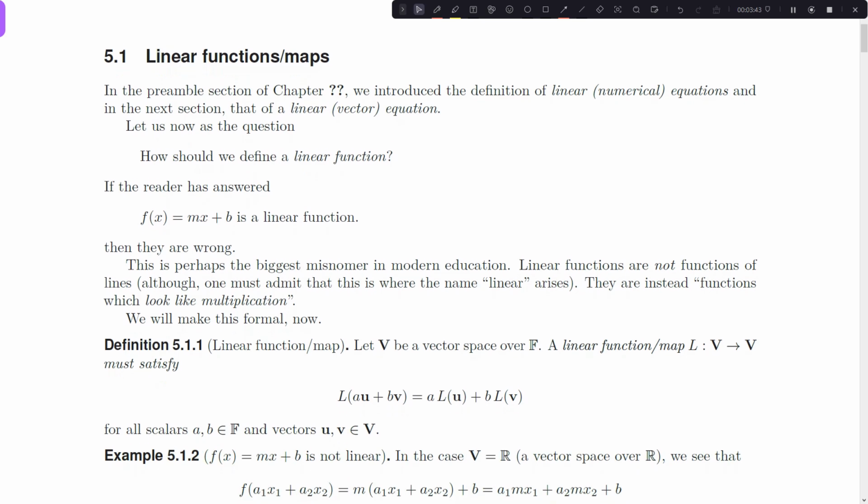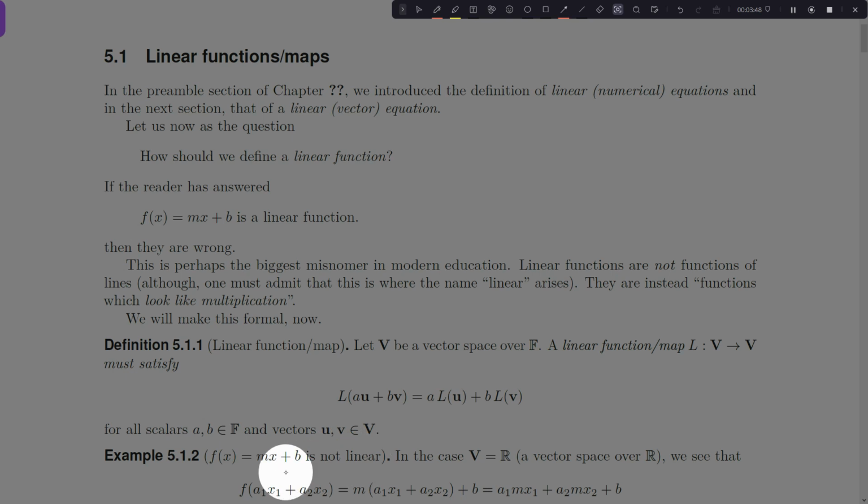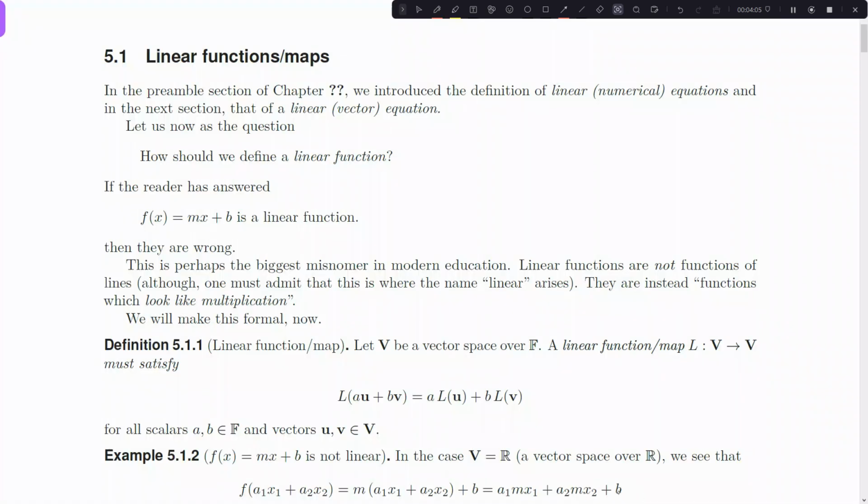So let's see why f of x equals mx plus b is not linear. Well, let's just compute f of a1 x1 plus a2 x2. If I compute that, I plug those in for x, and I distribute m, and I could definitely distribute and commute m, but nothing is happening when it comes to b with regards to distributing or commuting.